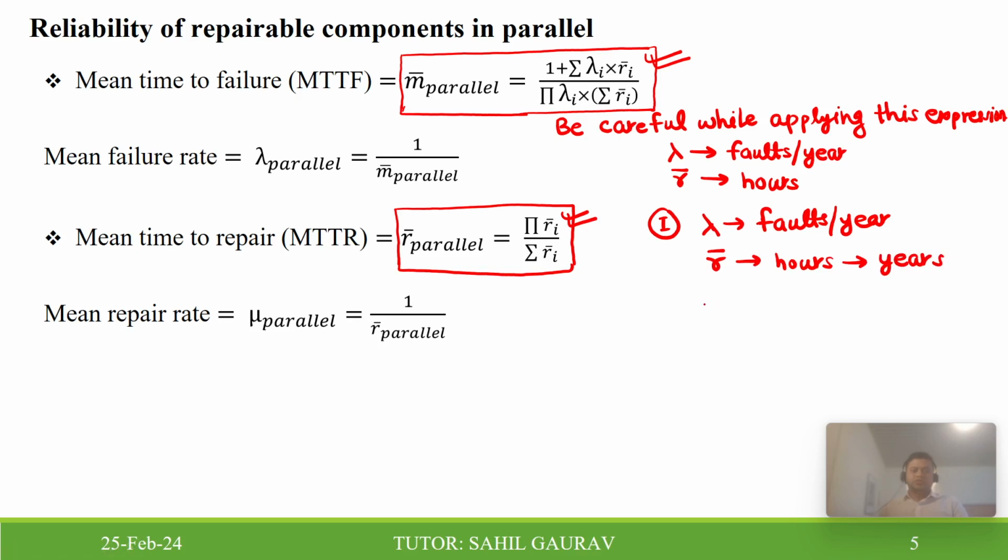Then you will get the answer, M bar parallel, the mean time to failure, in terms of years per fault, if they ask in terms of years per fault.